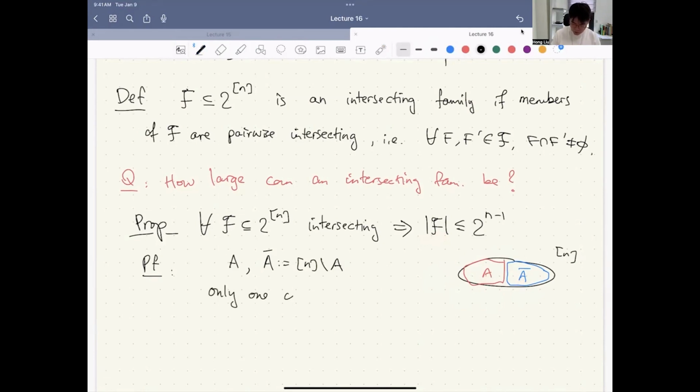Only one could appear in F. And we are done because the number of complementary pairs is 2 to the n minus 1 among all subsets of [n]. For all these pairs, you can only pick one, so you are missing at least 2 to the n minus 1.